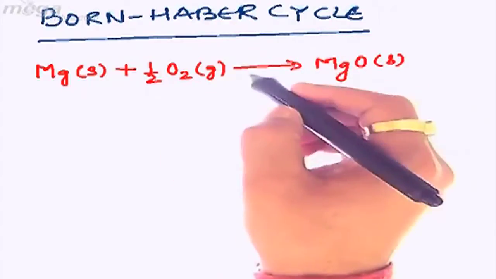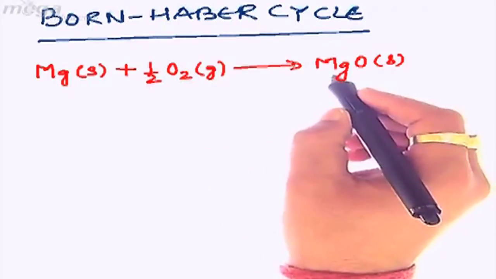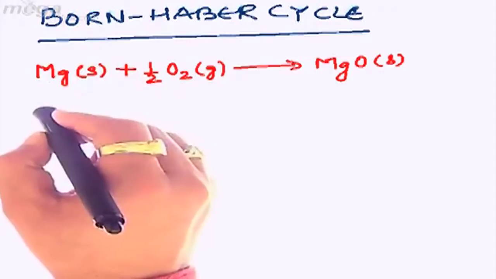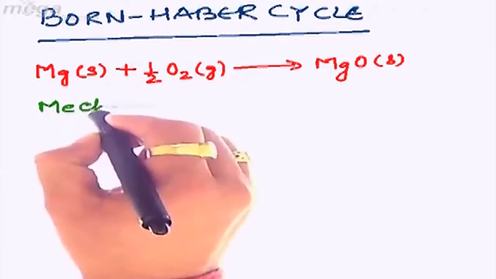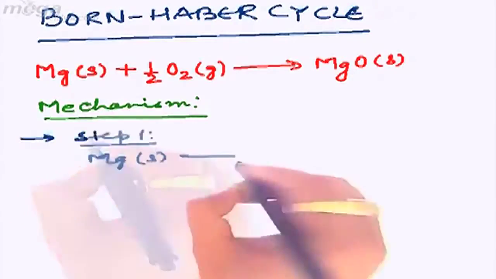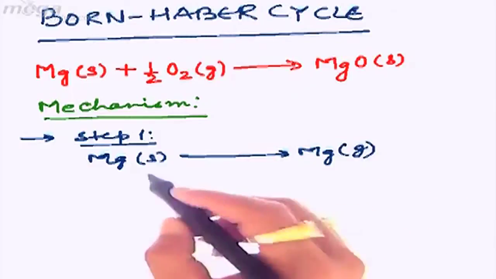Firstly, let's look at the mechanism of how this ionic bonding between magnesium and oxygen takes place. In the first step, magnesium solid is converted into magnesium vapor, meaning gas.